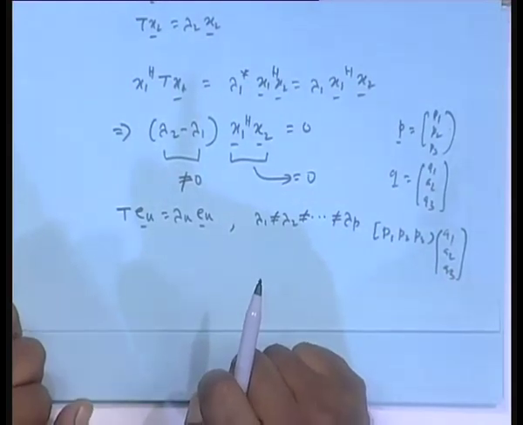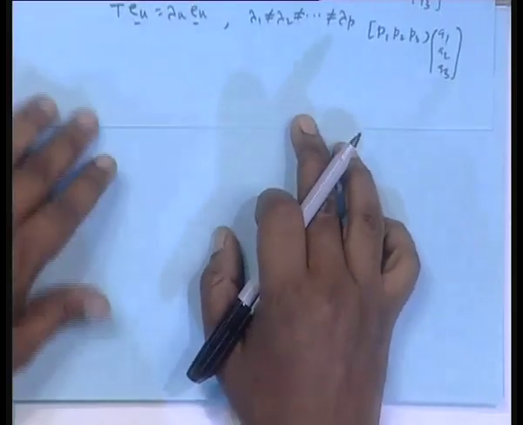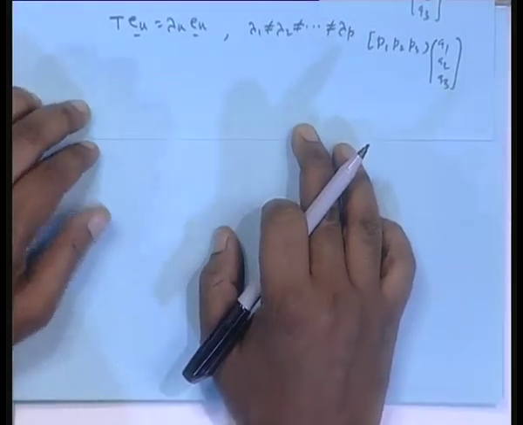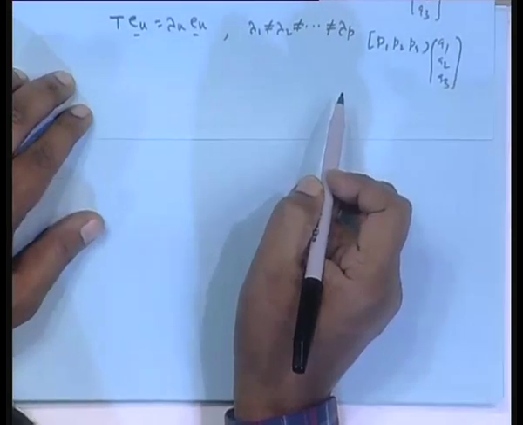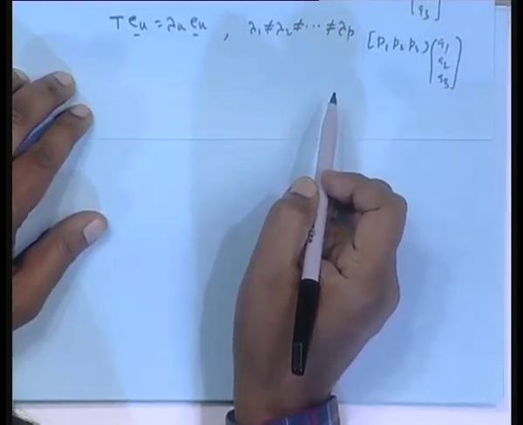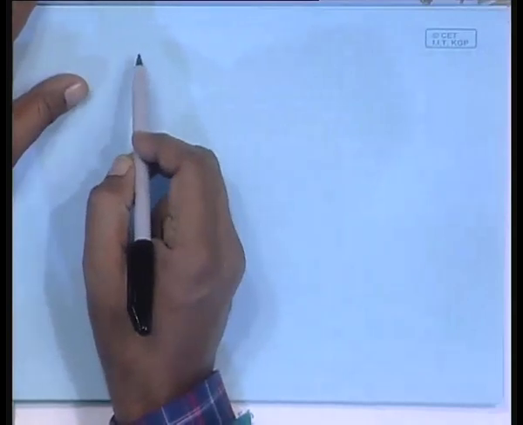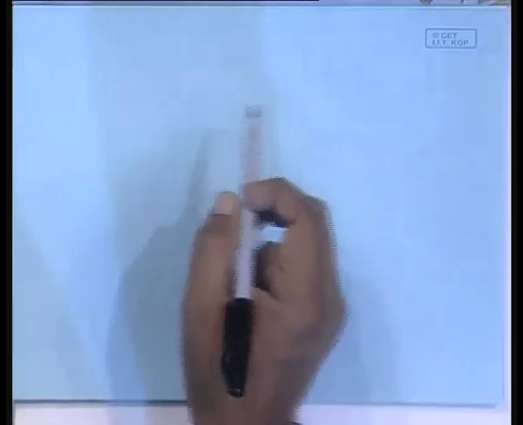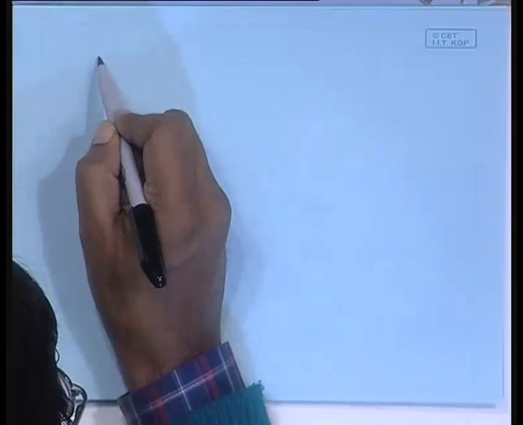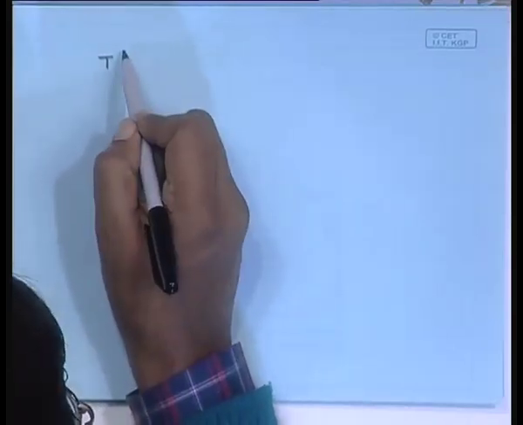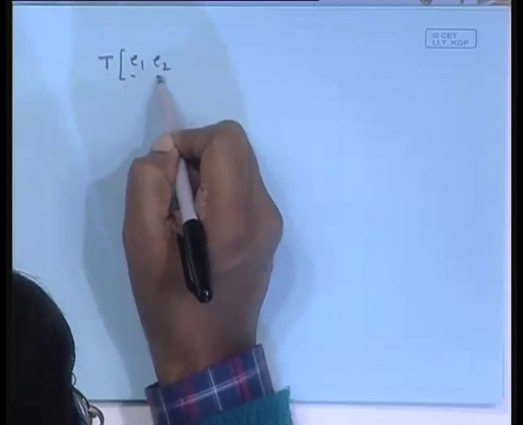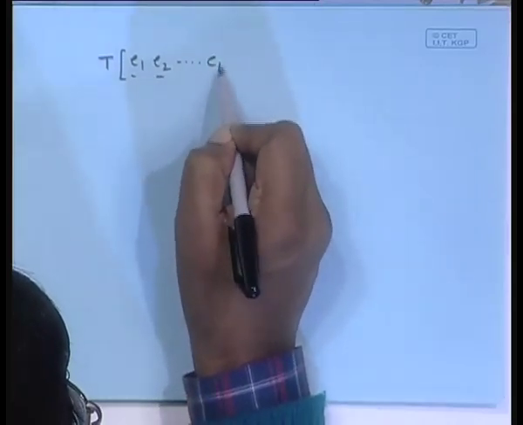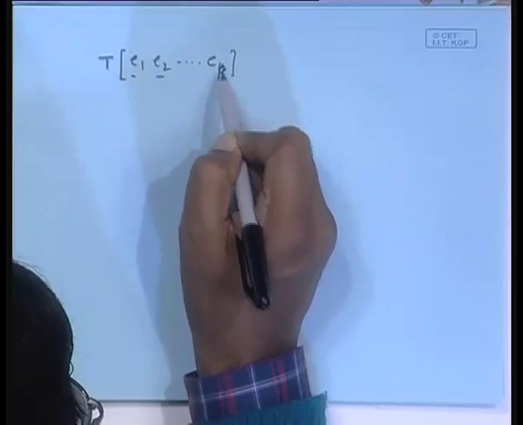Okay. So, in that case, can I write here directly? Suppose I just put the eigenvectors side by side, E 1 up to E p.